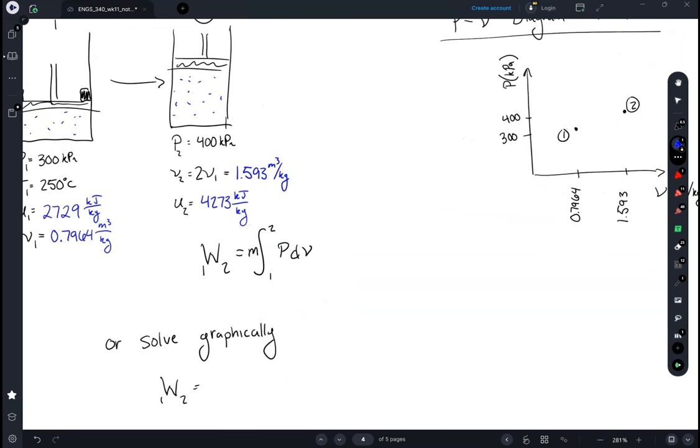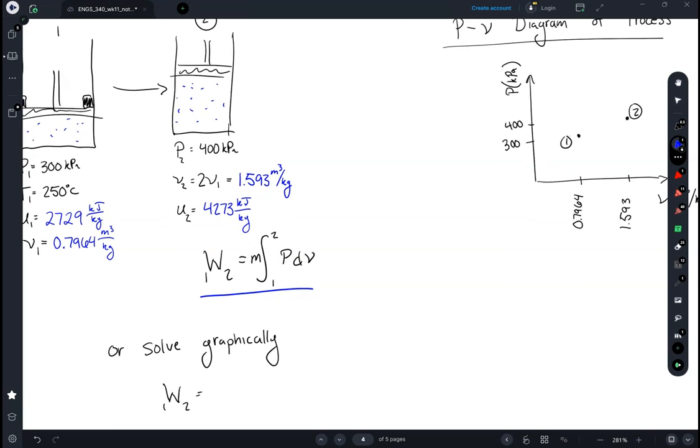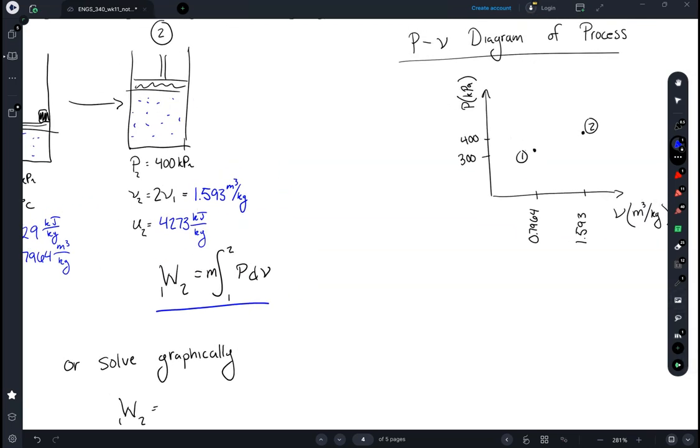So how would we solve this integral here? Well, one way that we could do it, we could get how pressure and volume are going to change together. So if we're going to have a linear change, say between here at 300 and there at 400, we're going to have a linear change in volume and a linear change in pressure. We could get an equation for how pressure and volume are related. So we could substitute in an equation something like this.